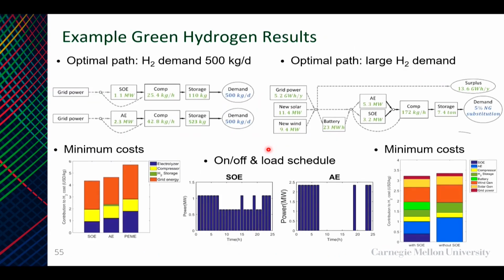Fortunately, we were able to solve this problem, and I'm showing here some results. The numbers were obtained from a case study that we did for Uruguay, which is a small country in South America that has completely decarbonized the electricity mix. They were interested in studying how to decarbonize public transportation.